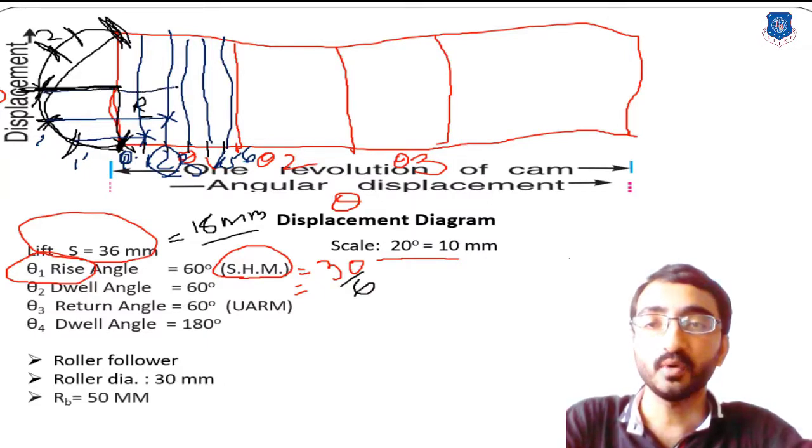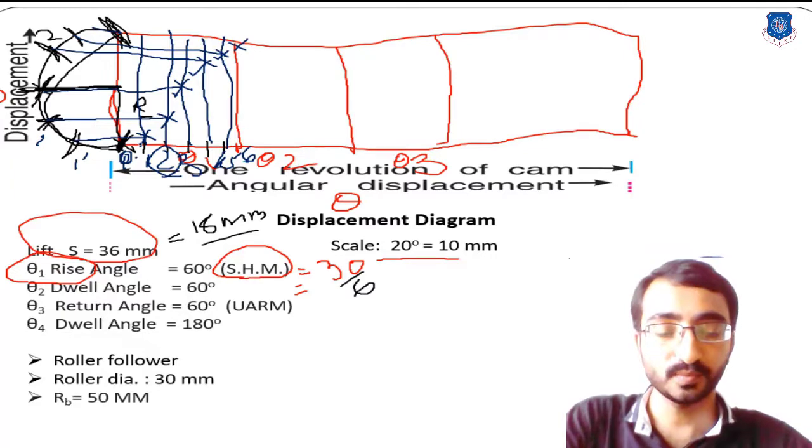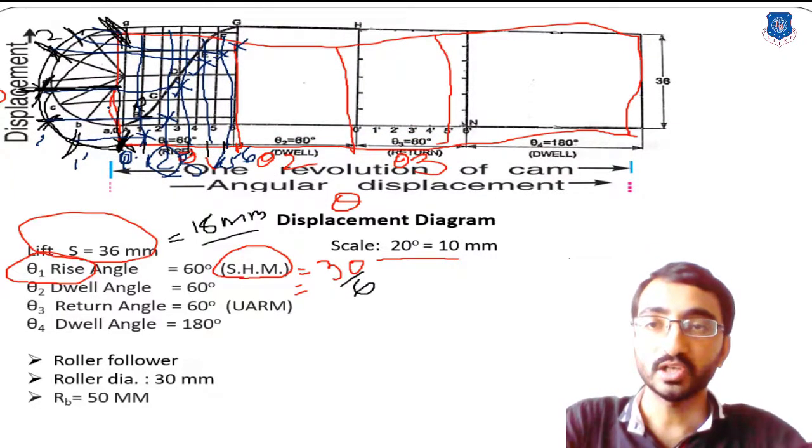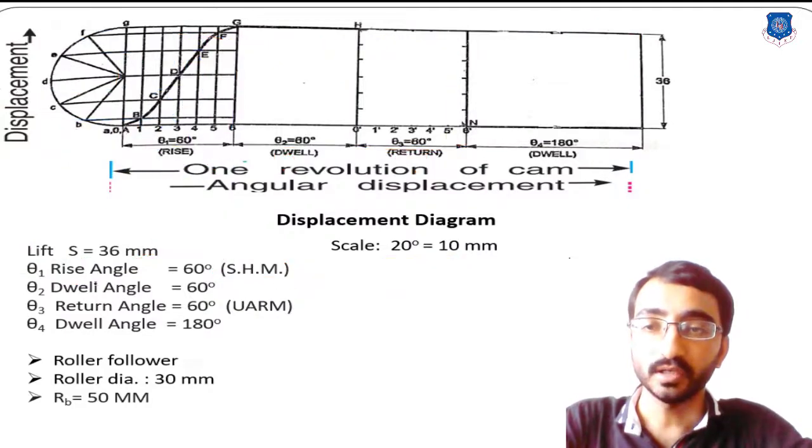Similarly from the third point make intersection with the third one, from fourth point with the fourth, fifth point with the fifth, and from the sixth point to the end point. Okay, so now if you will simply connect these points, then it will give you the simple harmonic motion curve, that is SHM curve for the theta 1 or rise angle. Okay, so now over here you can observe the pattern again.